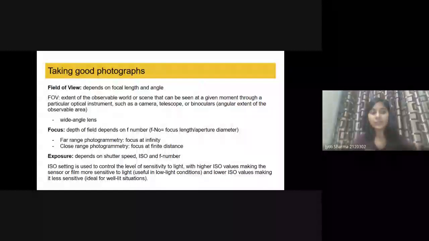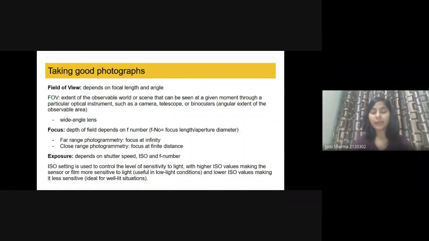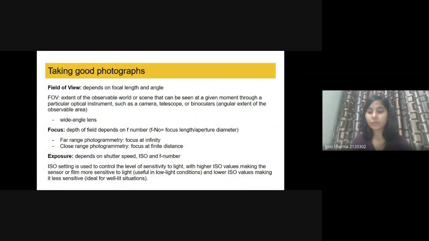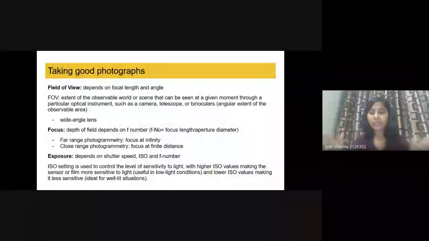This angle gives you the extent of the area you want. Even with a microscope, you can change the field of view. This is nothing but the angle, and based on this angle you can decide how much area you want.